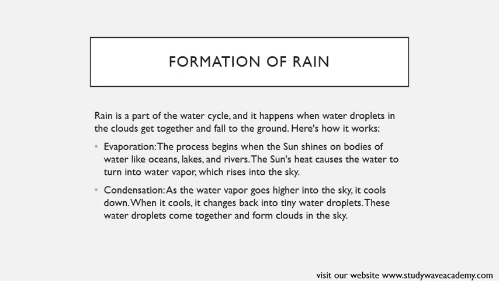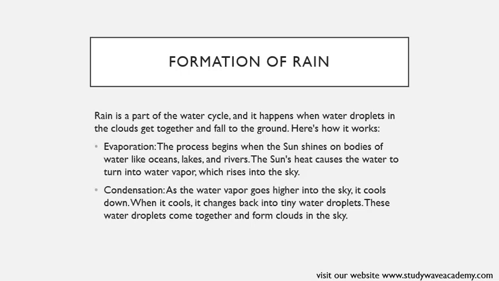Rain is a part of the water cycle, and it happens when water droplets in the clouds get together and fall to the ground. So rain is a part of the water cycle and forms when the water vapor in the sky condenses into liquid water droplets in the cloud.